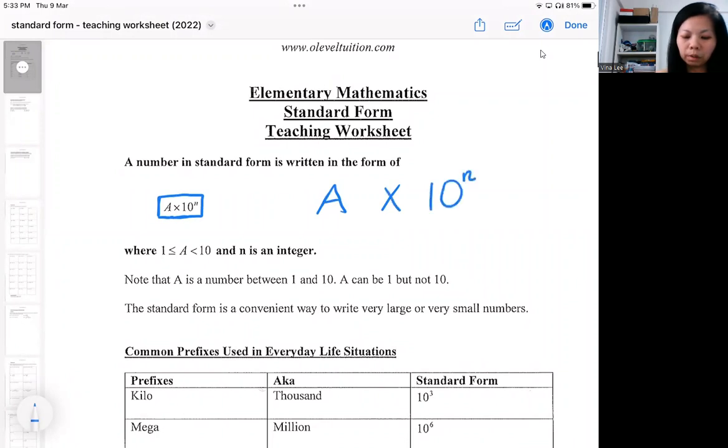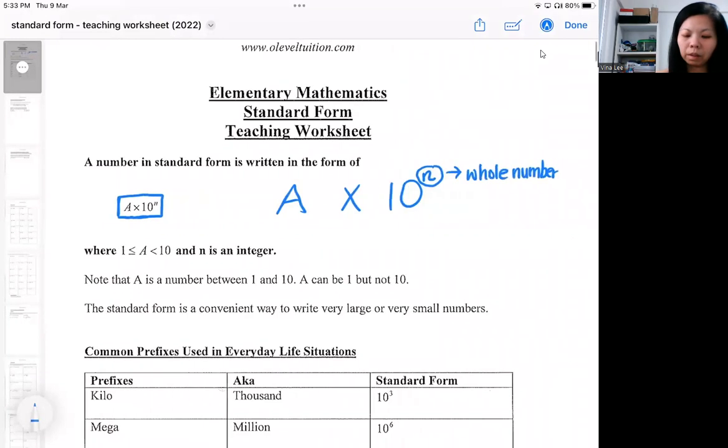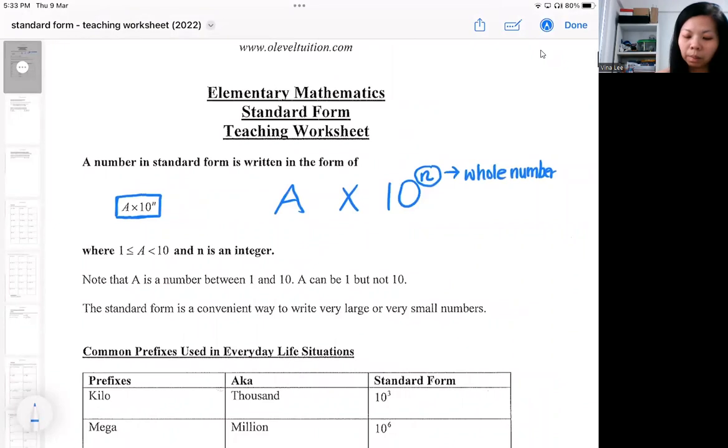Standard form will look like this, where the power will be a whole number. The power must be an integer, which is essentially a whole number, so it can be positive or negative. That's one of the conditions for standard form.